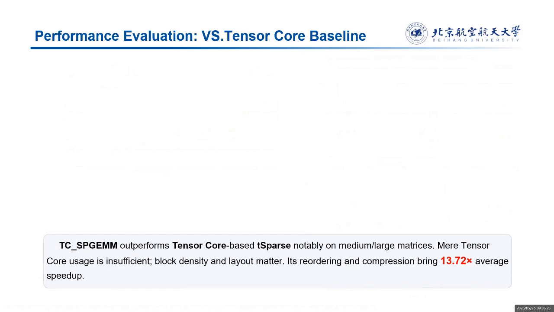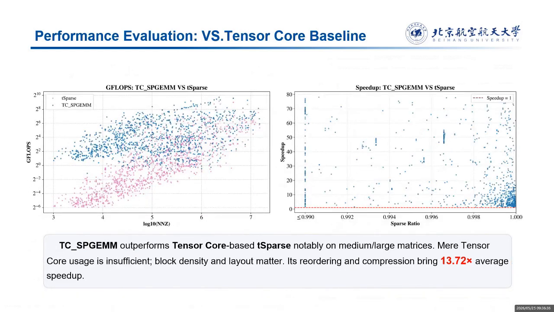TC-SpGEMM improves block density before computation, so tensor cores can perform more useful work. As a result, TC-SpGEMM achieves 13.7 times average speedup over T-Sparse. It confirms our main idea. Tensor cores can be fully used only when the data layout is regular enough and the block density is high enough.